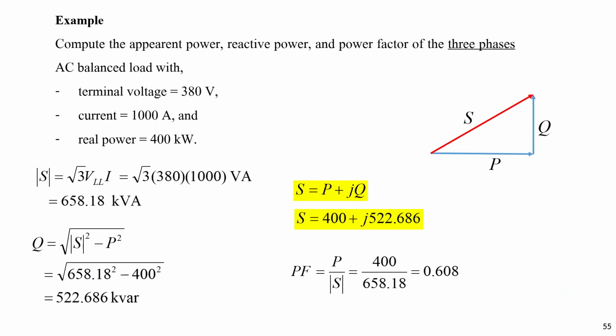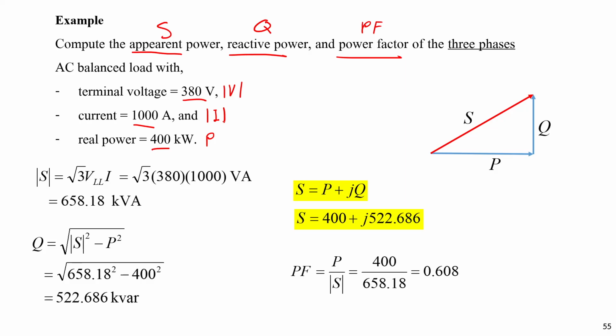Okay, let's see another example. Compute the apparent power, reactive power, and power factor of a three-phase AC system. We have the terminal voltage 380 volt, the current is 100 amp, the real power is 400 kilowatt. This is the real power, this is voltage, and this is the current.